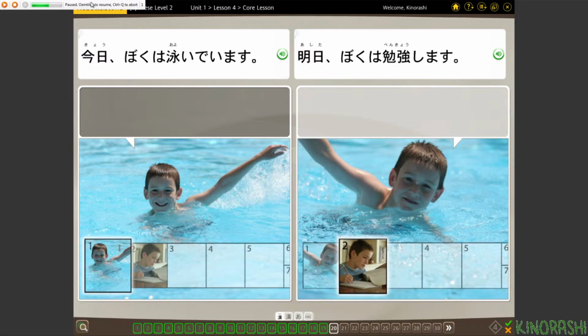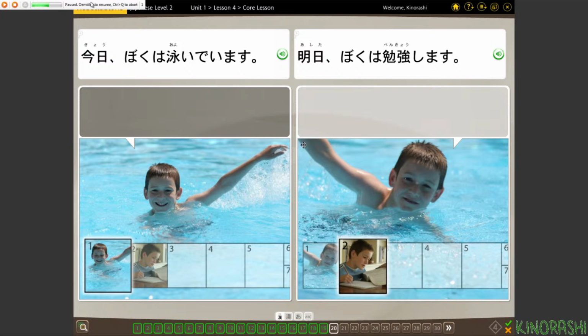Let's see. So, 今日僕は泳いでいます。Today I am swimming.